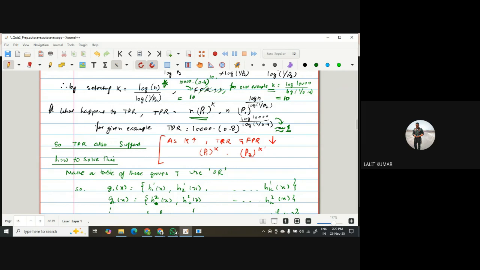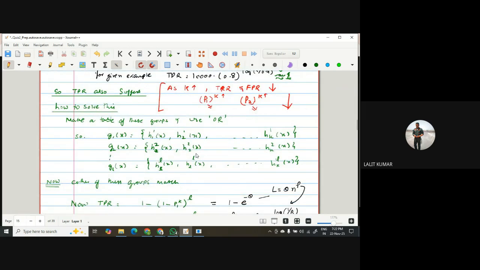As k increases and the probabilities are in decimals, this total value will decrease. Is that okay? Okay, so remember this, it might help. So now, how to solve this?